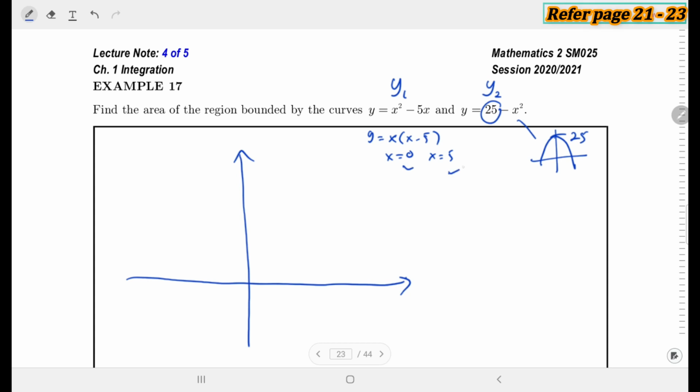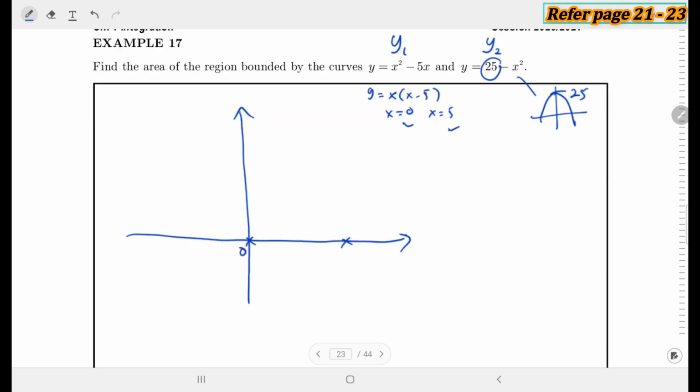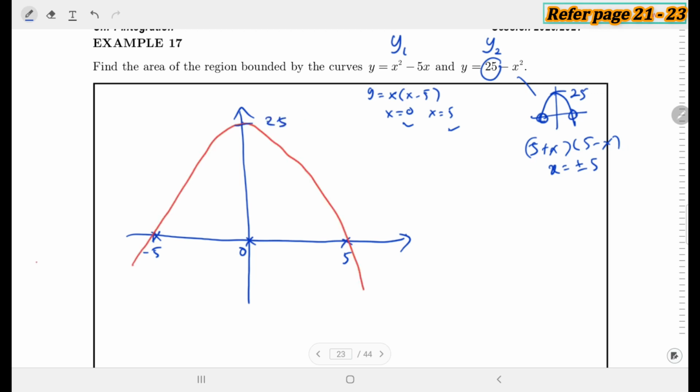So 0 and 5, let's say it's around here. So how about the roots here and here? The roots: 25 minus x squared is 5 plus x times 5 minus x, so x equals plus or minus 5. Okay, I'm going to sketch y2 first, 25, and y1, the positive quadratic, x squared minus 5x.